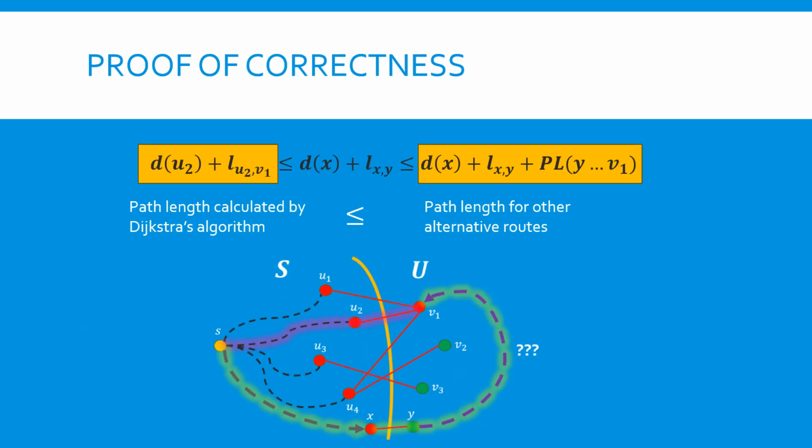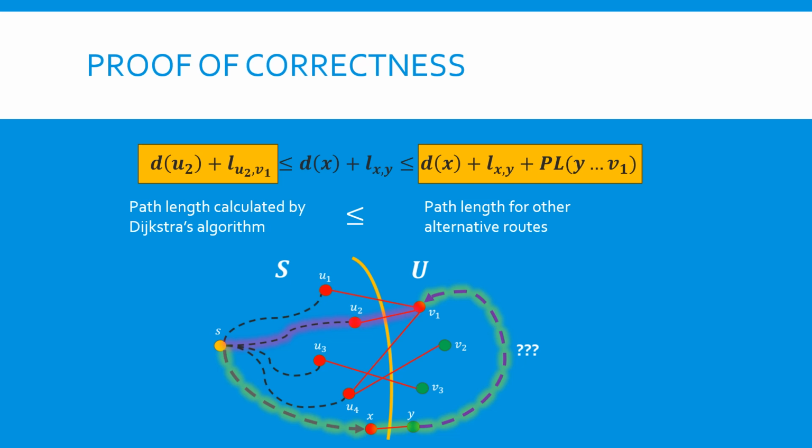Consider the inequality. The left-hand side is the total cost for visiting V1 through the path SU2V1, or the pink path, which is provided by Dijkstra's algorithm. The right-hand side is the total cost for any other path, or the yellow path.